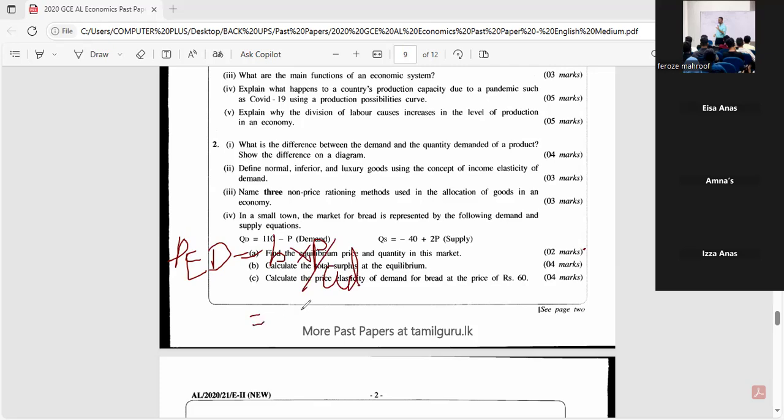Here B is minus 1, because QD is equal to 110 minus P, and minus P means minus 1 times P. So minus 1 into the given price 60. If you substitute 60 rupees in the demand function, the quantity is 50. So minus 1 into 60 over 50, that is minus 1.2. Okay. Now, do you all have any other doubts?